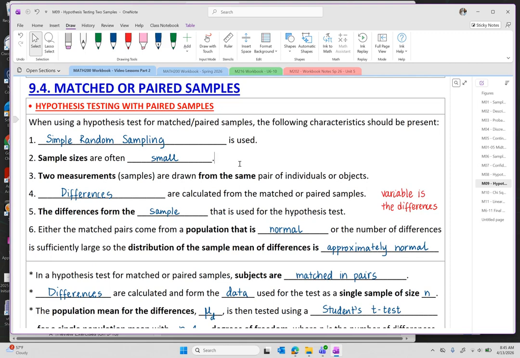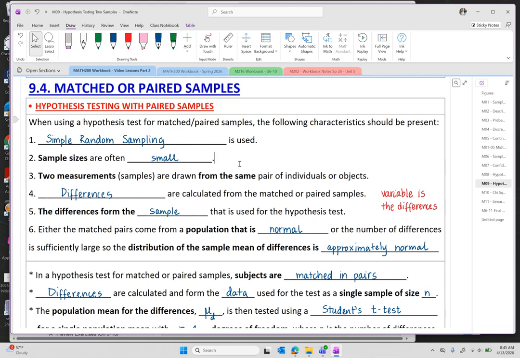We don't have two separate populations that we calculate the means and then the difference of those means. Instead, we have a sample of pairs, and for every one of those pairs, the variable that we are trying to evaluate is the difference between the values of the investigation variable.